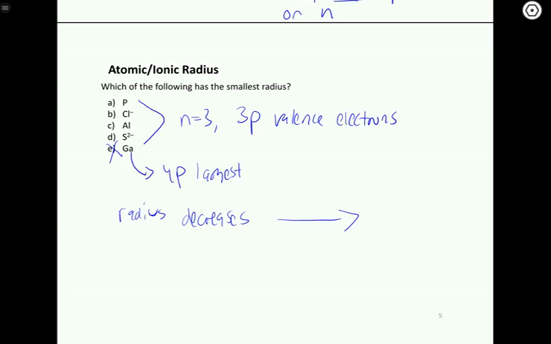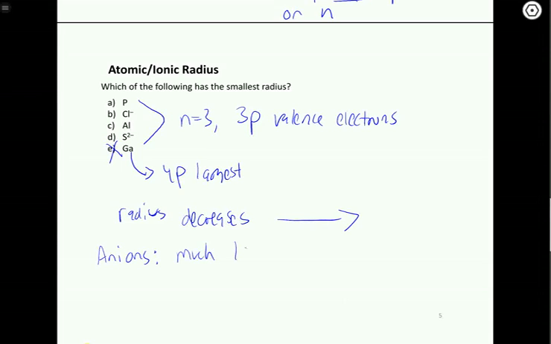The point this question is trying to make is that when you add extra electrons, the radius goes up by a lot. Whenever things are close to each other in the same row of the periodic table, anions have much larger radius.